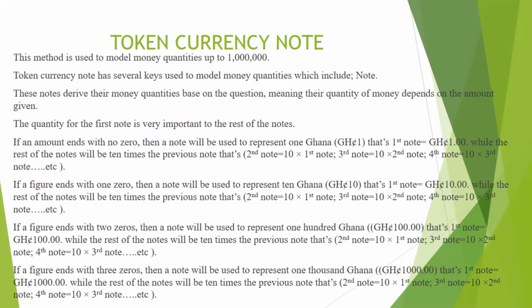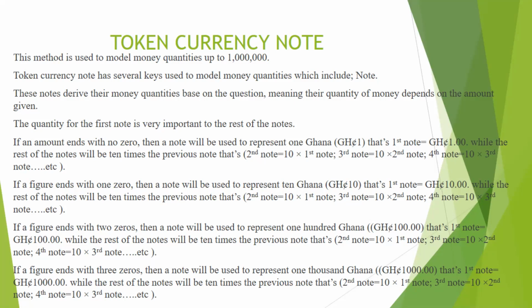Like I said, we are going to use token currency notes to model money quantities up to 1 million. To model means to draw a pattern for a certain number. So you are using the currency notes to draw or arrange a pattern for a given amount.